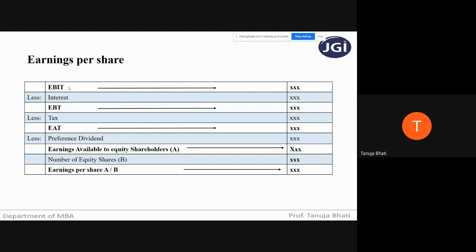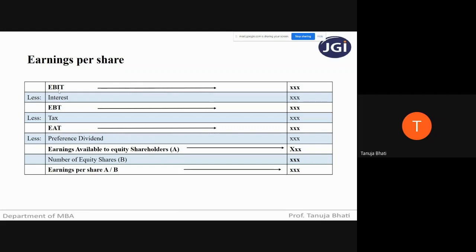We are in the last part of this module. Today it will get over. So by now you should know how we reach up to EBIT. Anyone wants to try? I will just help you all.